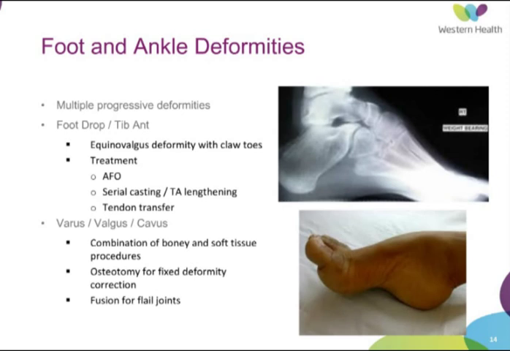So they can be cavovarus, cavovalgus, depending on what's affected. And these more often than not require a combination of both bony and soft tissue procedures or osteotomies to fix those deformities. And there's description of fusion for the flail joints. So I think the most common being a subtalar arthrodesis or a triple fusion in order to correct that equinus.